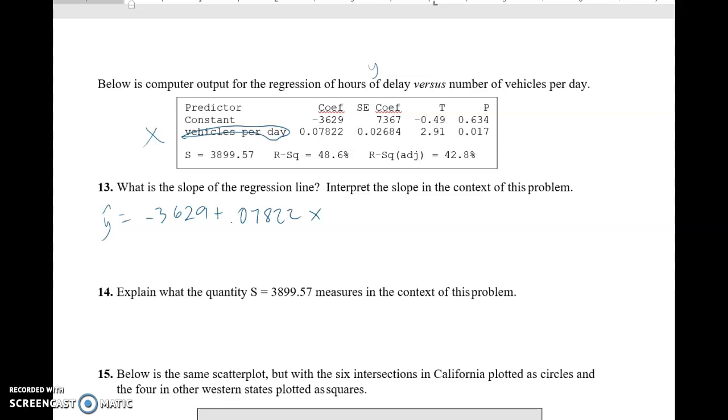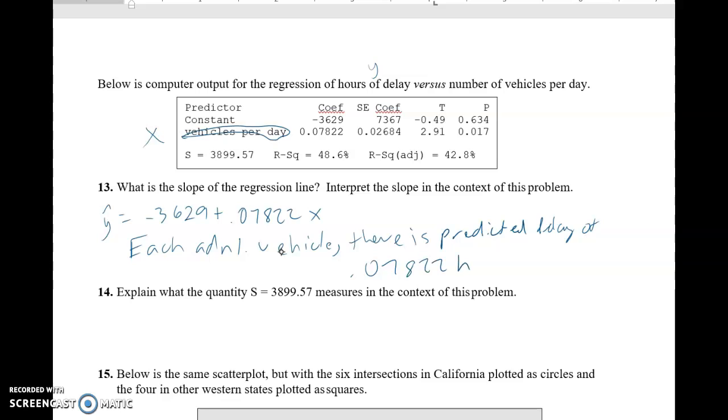So for each additional vehicle, there's a predicted delay of 0.07822 hours. Okay? So that's the additional delay that we would see there.